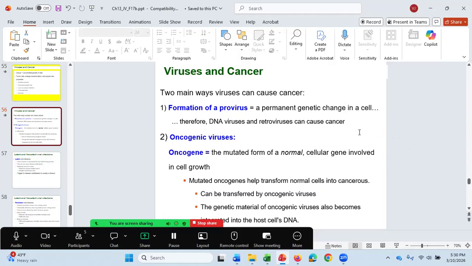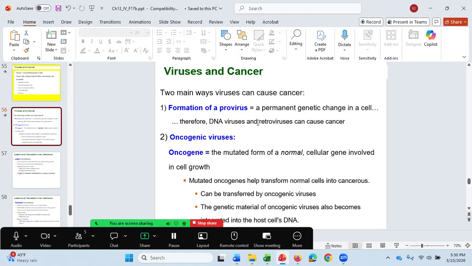Or the virus could integrate into the DNA near a potential oncogene and then turn on that oncogene, which can then lead to cancer formation.